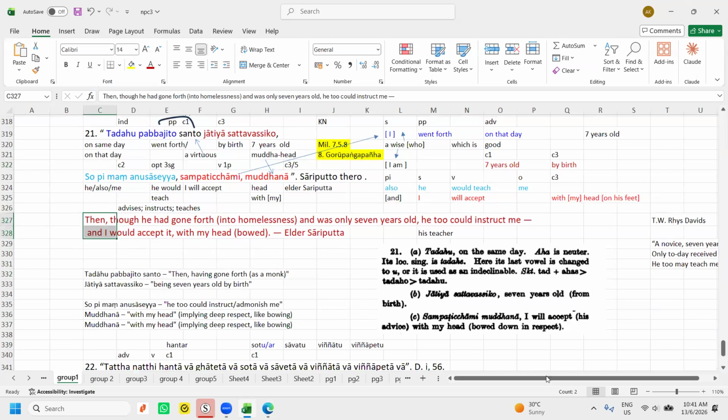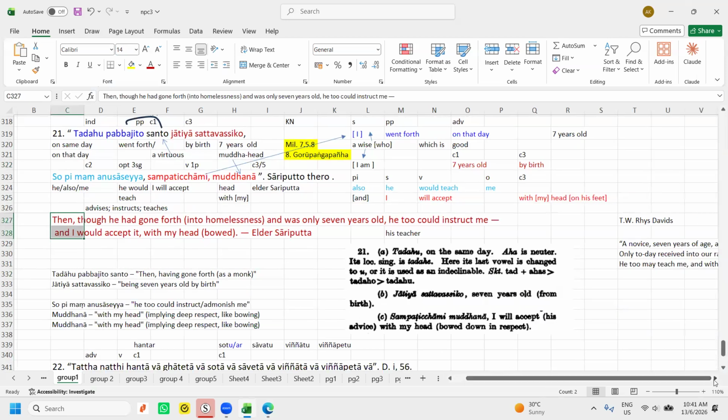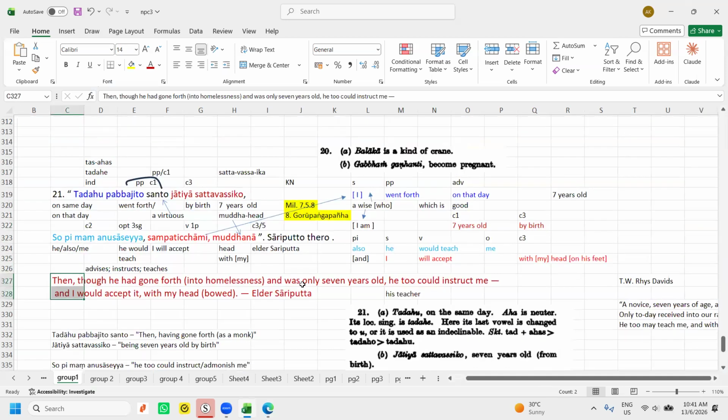Thank you, Brother Alfred. Do you remember the case of Samanera Nigroda? He was also 7 years old, but he was already a noble one. There are some suttas where at 7 years old they become an arahant.